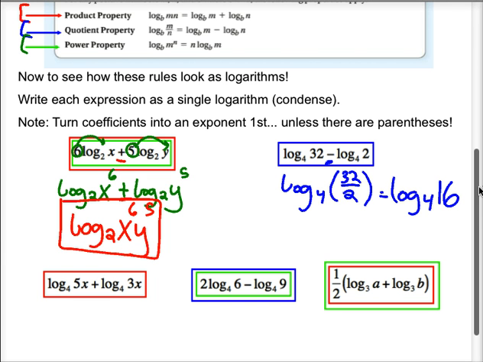Because we're dealing with just numbers, this actually simplifies. Log base 4 of 16. So that's basically saying 4 to what power will give me 16? Well, that actually all boils down to 2. 4 to the second power gives you 16. So there, you can actually write it all the way simplified down to the number 2.